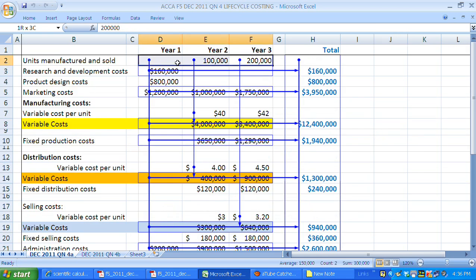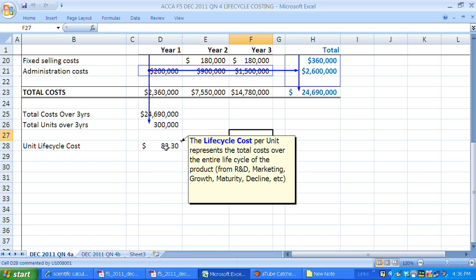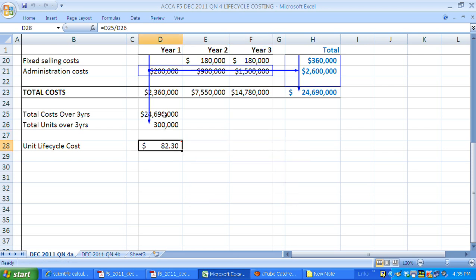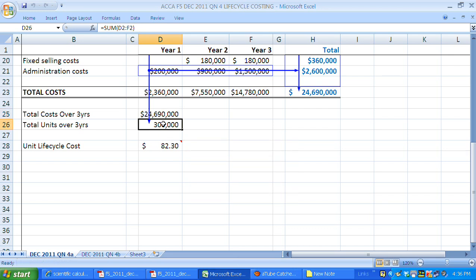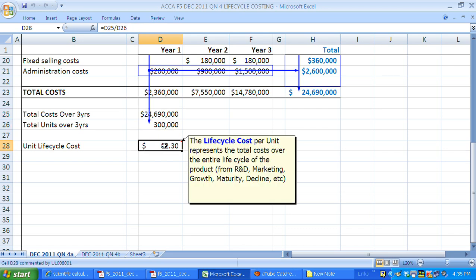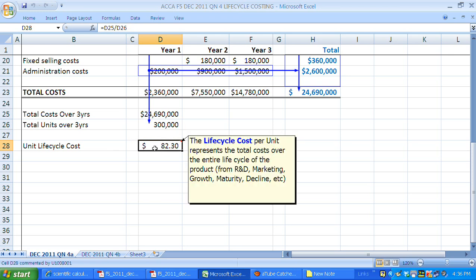So it's the summation of all units sold, 100,000 in year 2 and 200,000 in year 3, to give you 300,000. Now the life cycle cost per unit will simply be 24,690 divided by 300, which gives us, as you can clearly see here, 82.3.